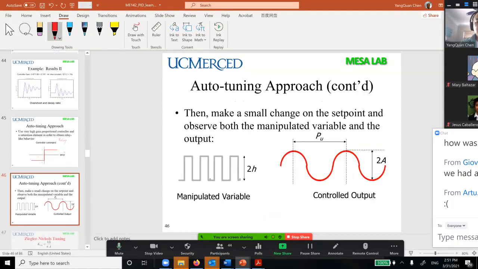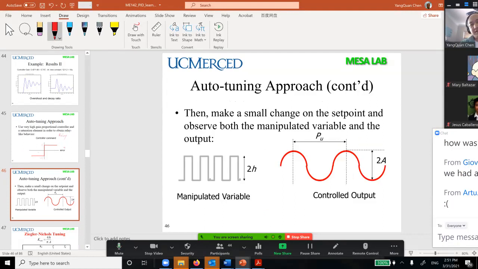After you add the relay, the control signal is either 1 or -1, or you put in an amplitude. This amplitude is h, so peak to peak is 2h.